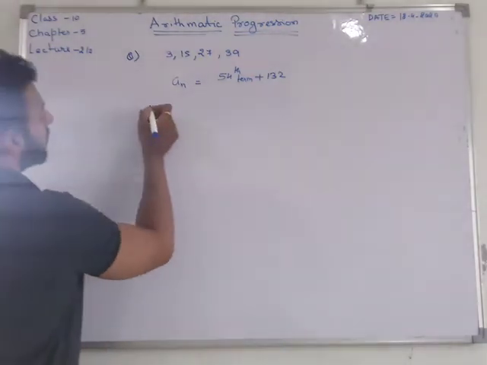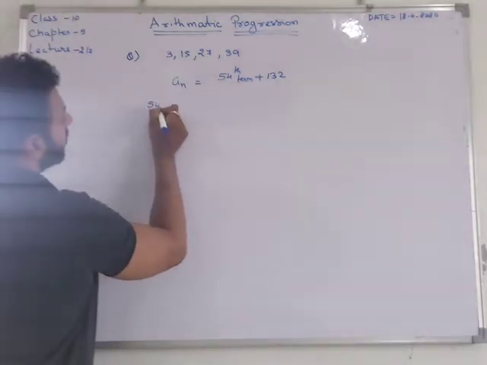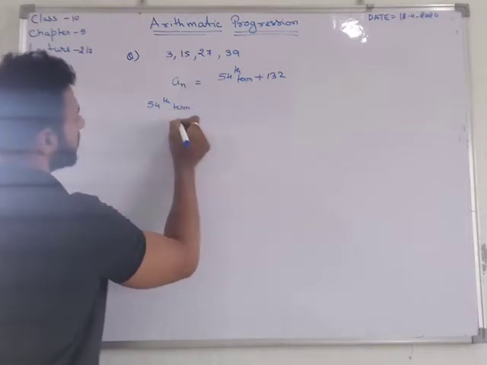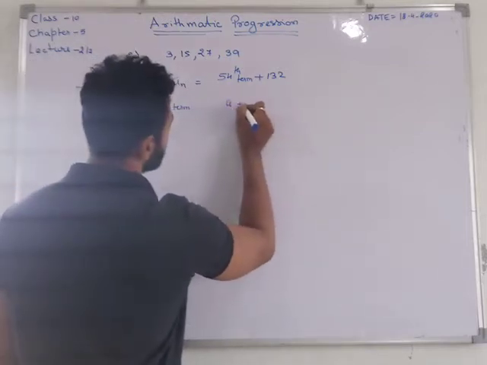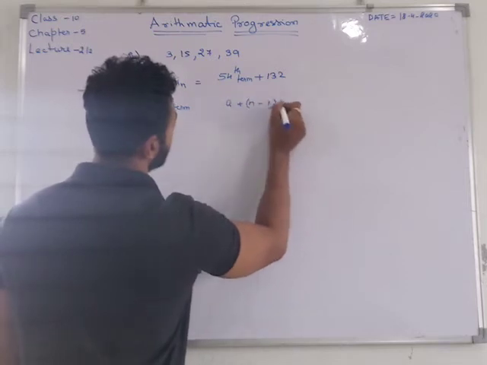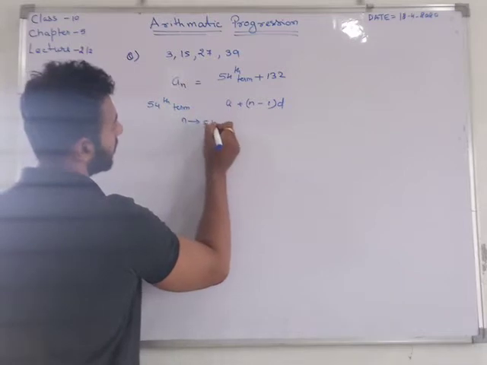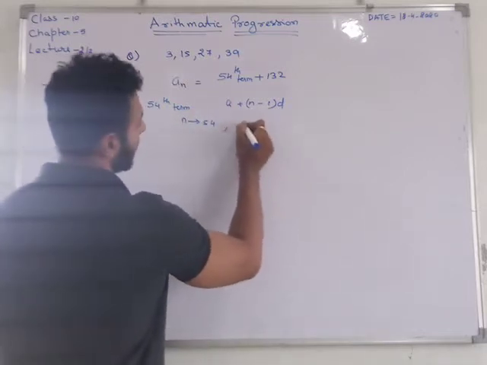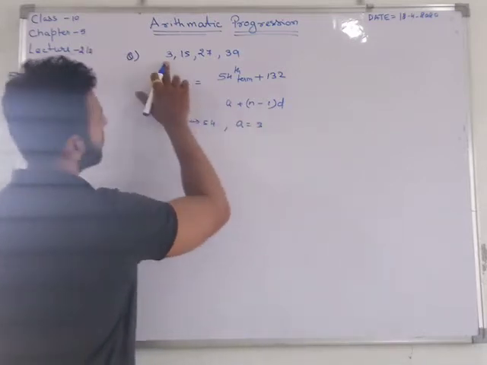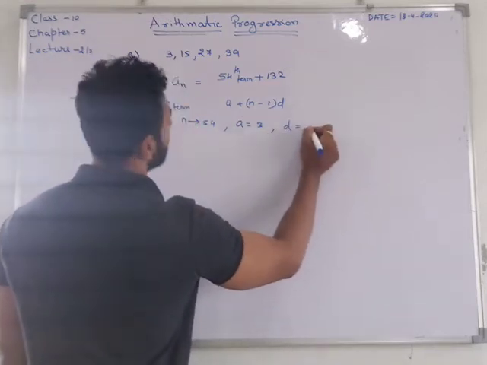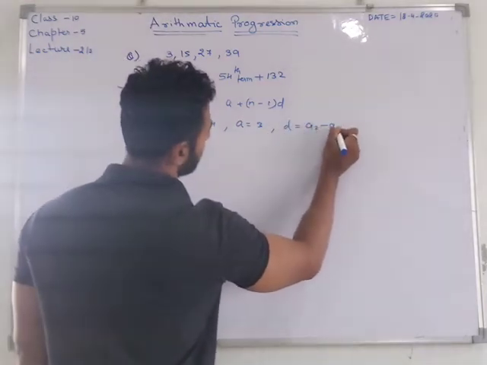Now, first we have to find out the 54th term. For that, using the general formula, a plus n minus 1 into d. Here n will be 54. A will be 3 because the first term is 3. D is A2 minus A1.